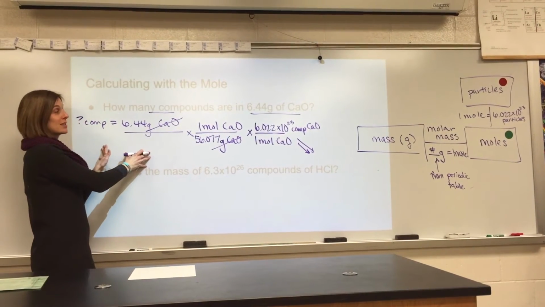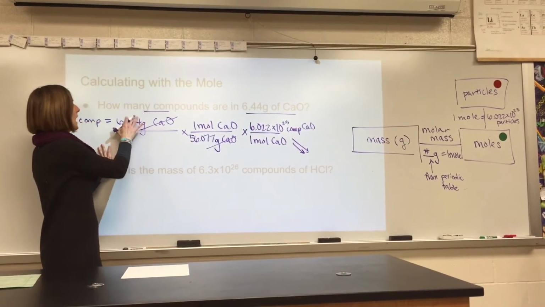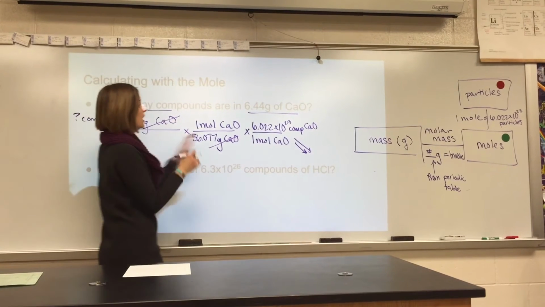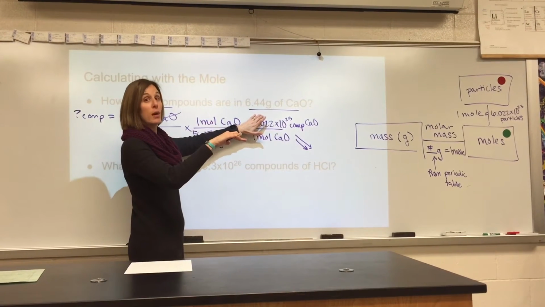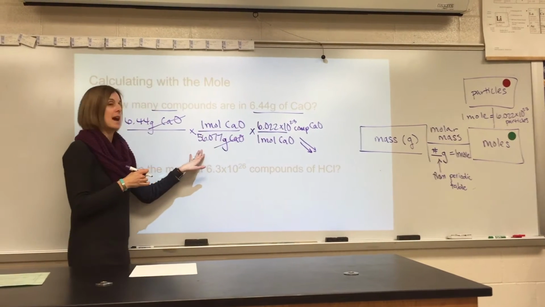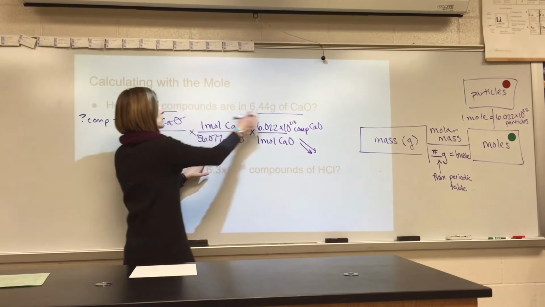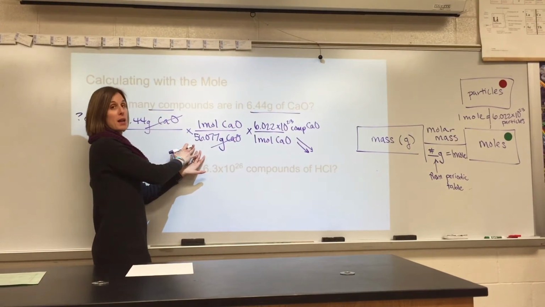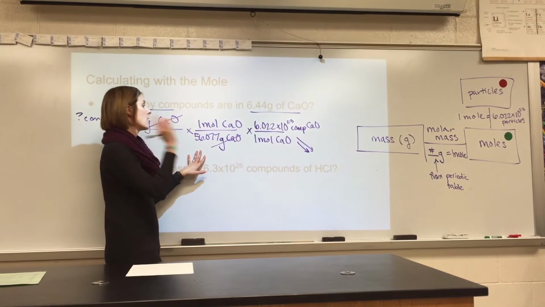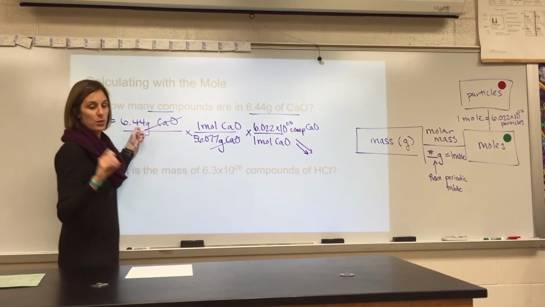So when I'm punching this into my calculator, it's going to be a series of 2 steps, or you can use your parentheses. I would take 6.44 and multiply by Avogadro's number. I personally would then hit the enter button and divide by my mass of 56.007. What you can do is you can do this first multiplication, get a number and write it down. And then put your second number on the bottom and do your division. You'll get the same answer either way. So if you punch this into your calculator correctly, since we started with 3 numbers, we'll end with 3 numbers.